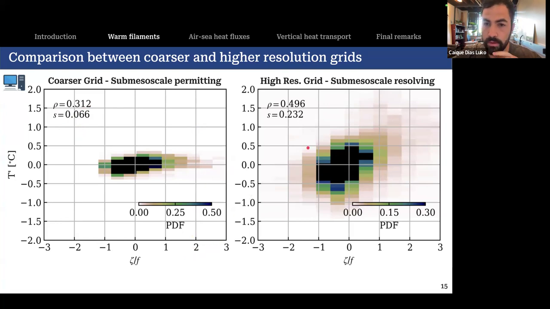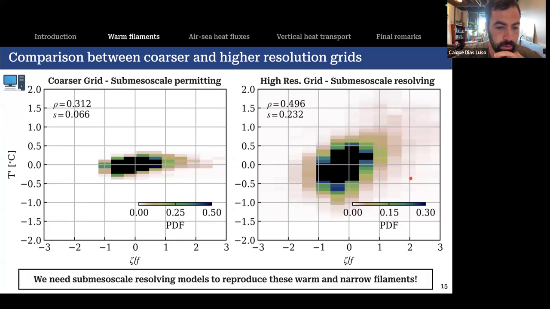But when we compare with the child grid, the one that's submesoscale resolving, we have an increase in the correlation between the temperature anomalies and the Rossby number, and an increase in the slope of the linear regression, also showing more extreme SST anomalies for higher cyclonic Rossby numbers. And so this shows us that we really need submesoscale resolving models to reproduce this kind of process.